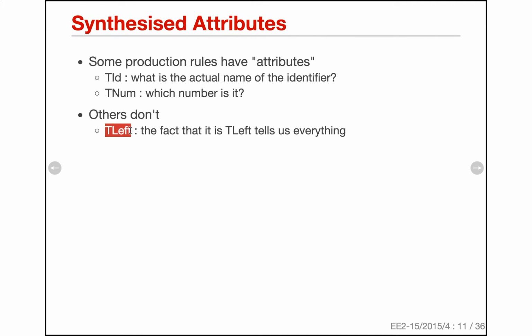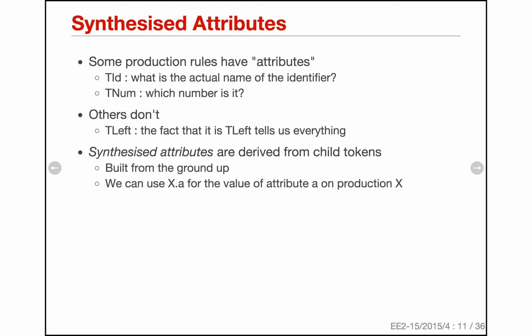If you look at the token t-left, you know that it must be matched with a left open bracket. These things called synthesized attributes are derived from the child tokens. They're built up from the terminals and then potentially up through the non-terminals, and they're derived upwards towards the top of the tree.